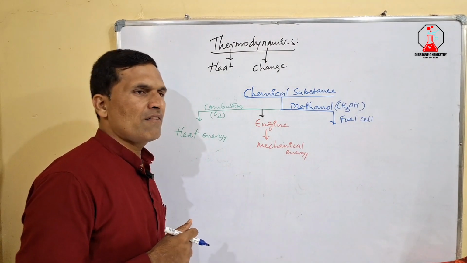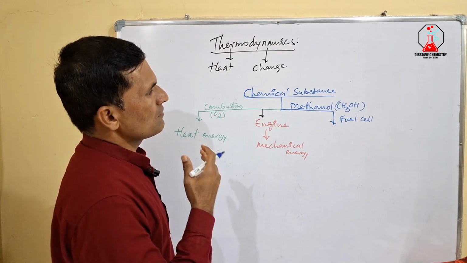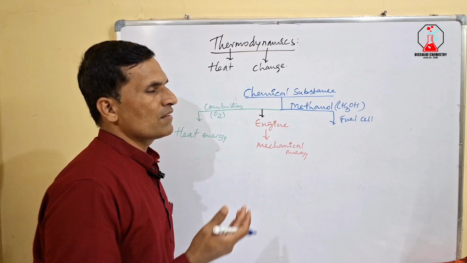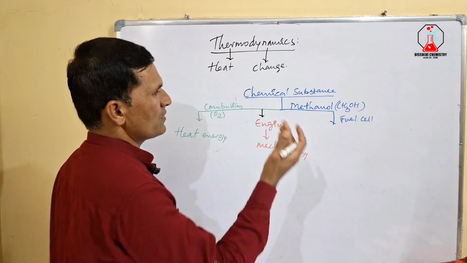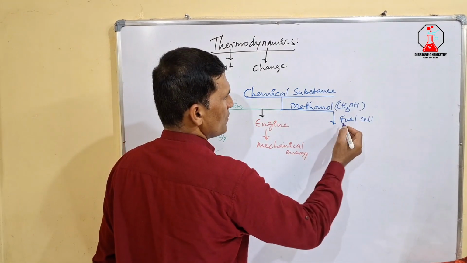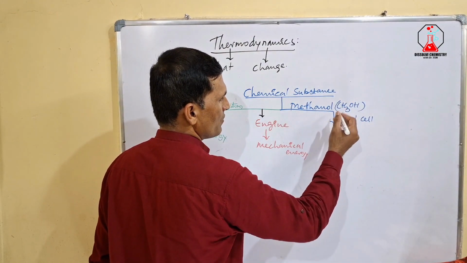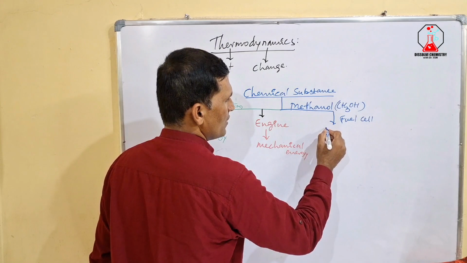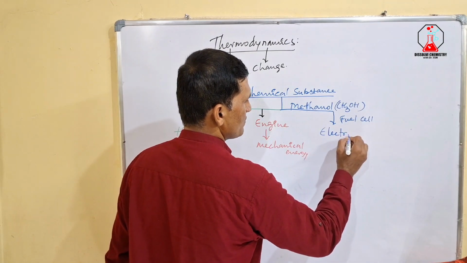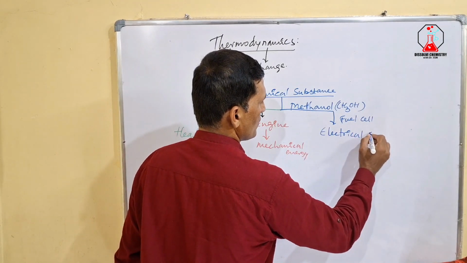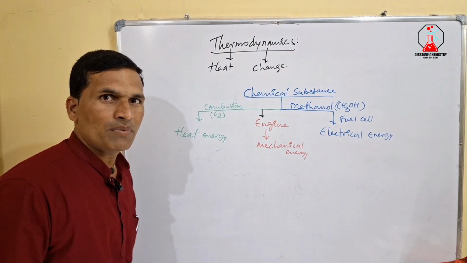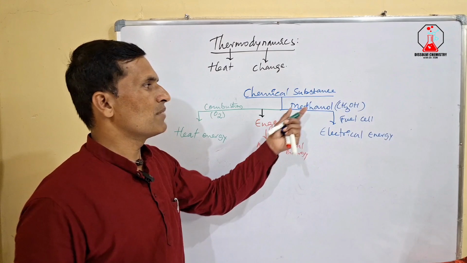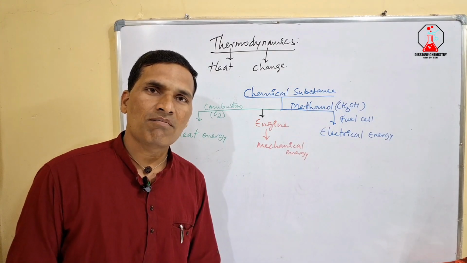A fuel cell is a device where chemical energy is converted into electrical energy without combusting the fuel. So if you take methanol and react it in a fuel cell, you can draw electrical energy. And if you drink methanol, you will die, because it is one of the class 1 poisons.